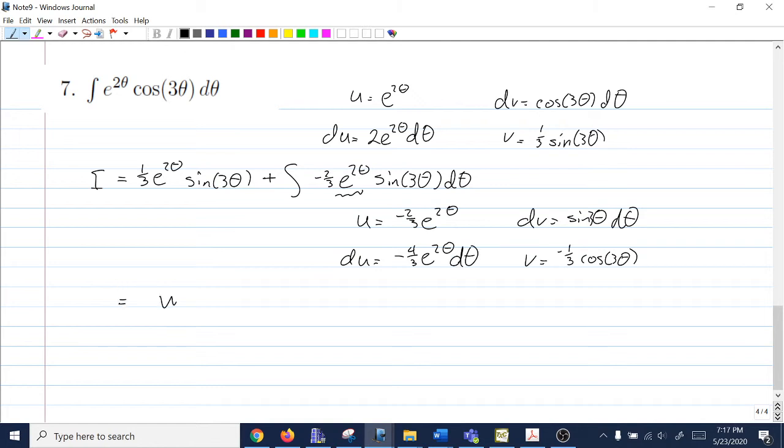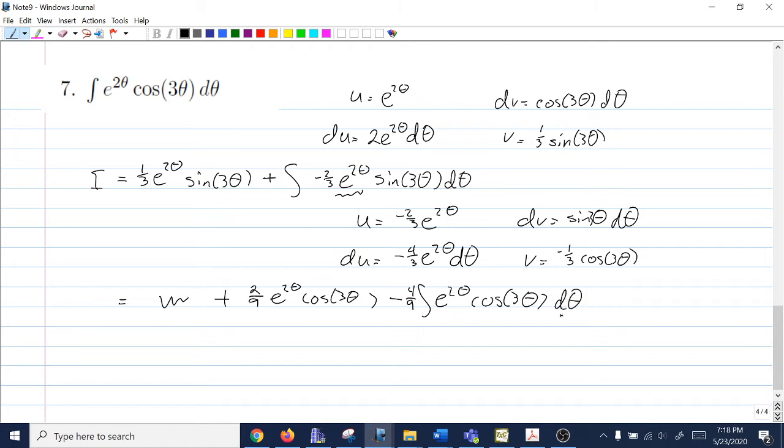We get that thing plus uv, which is 2/9 e to the 2 theta cosine 3 theta, minus the integral of v du, which is minus minus minus. This is a negative. 4/3 times 1/3 is 4/9 e to the 2 theta cosine 3 theta d theta.